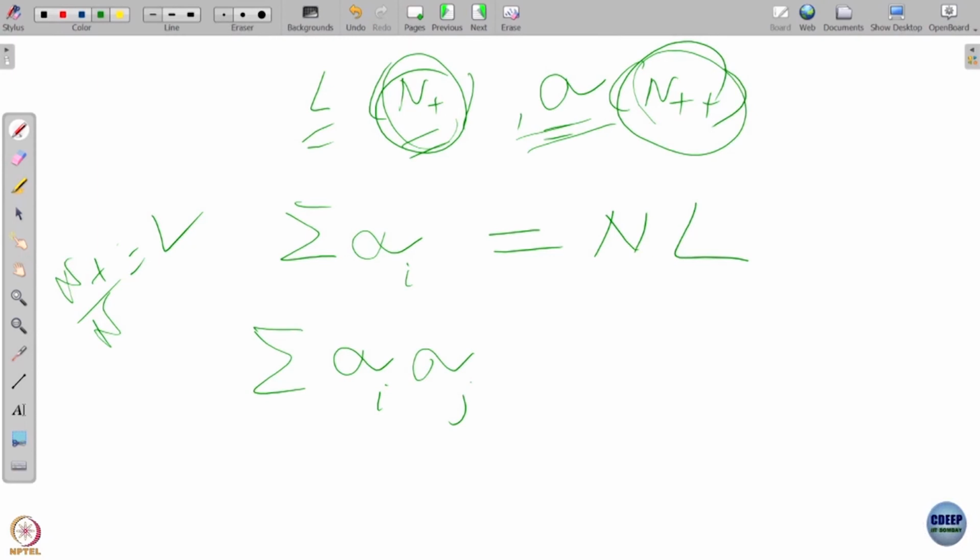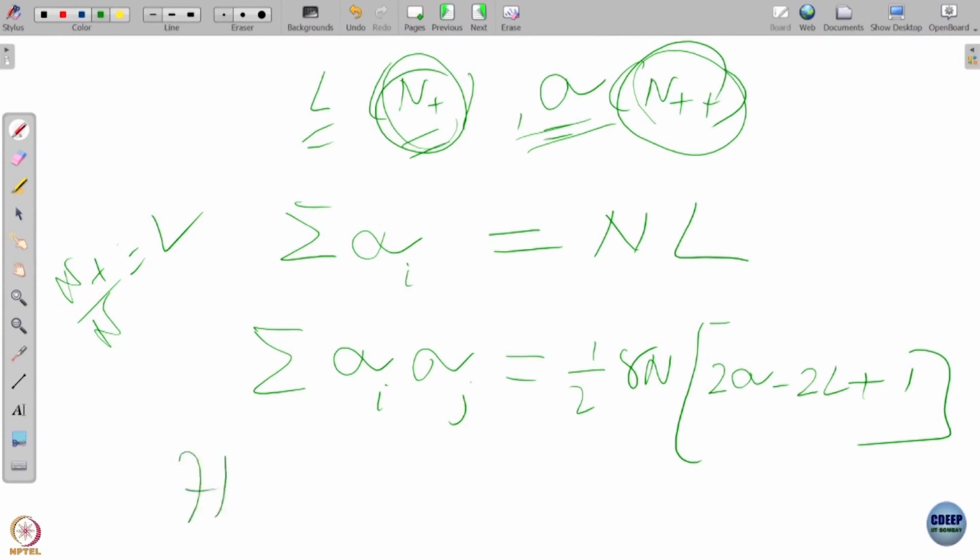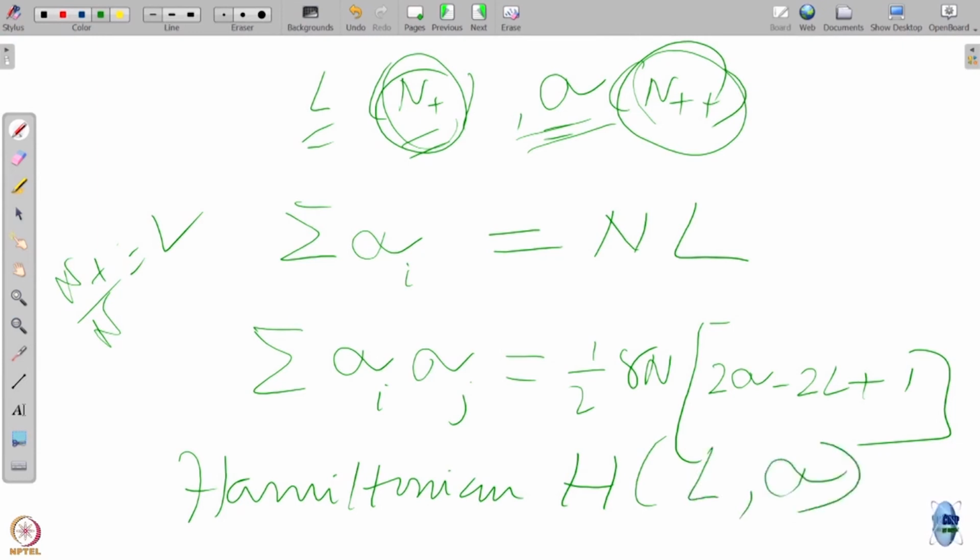Now I just put in the definition of L and sigma, and I get the following. I am just writing it down. So I can now write the Hamiltonian H in terms of L and sigma.